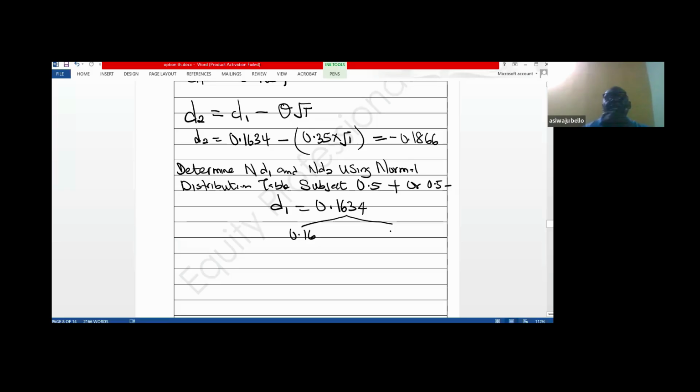This figure, 0.1634, lies between 0.16 and 0.17. Now your ND1 is equal to, here you have a positive sign, plus 0.1634. Then you are going to start with 0.5 plus.